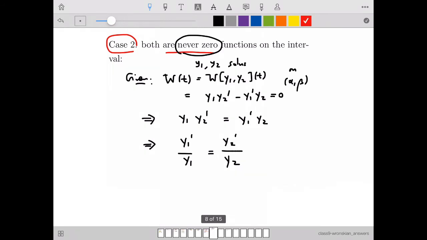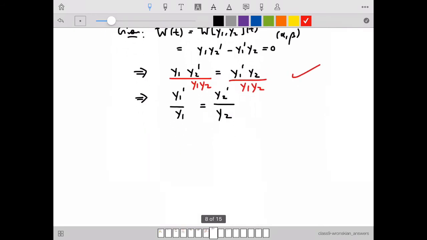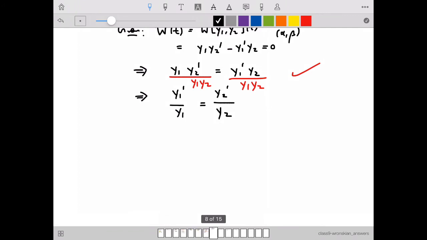We can achieve this by dividing the above equation by y1 times y2, because both are never zero. So we can do this. We see that they are all functions of t, so we can integrate with respect to t.